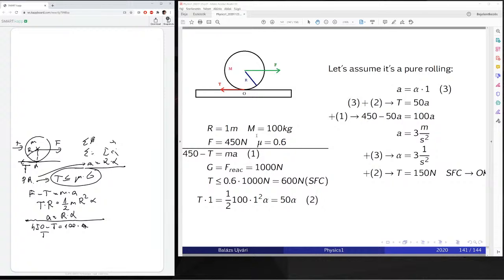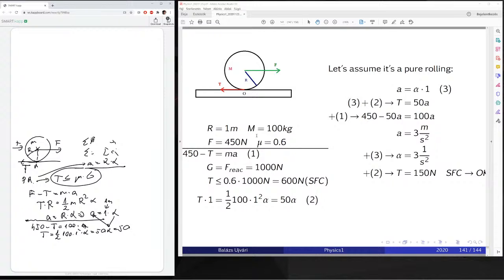So this is 1 over 2 times 100 times 1 square times alpha, which is 50 alpha. But from here we know A equal 1 times alpha. Don't forget the A has a unit meter per second square, and alpha has 1 over second square. This is not a unit, this is a 1 meter. So if alpha is A, we can write here 50A.